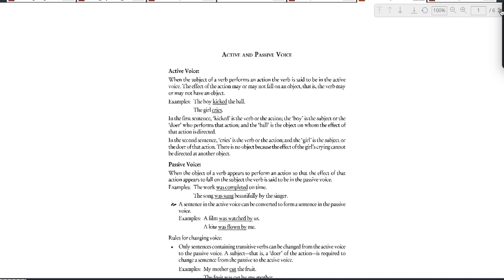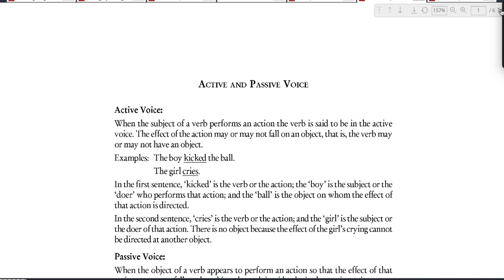Now see here, what is the active voice? When the subject of a verb performs an action, the verb is said to be in the active voice. Anytime the subject of a verb performs an action. The subject may be first person, second person, or third person: I, he, she, you, they, anything.